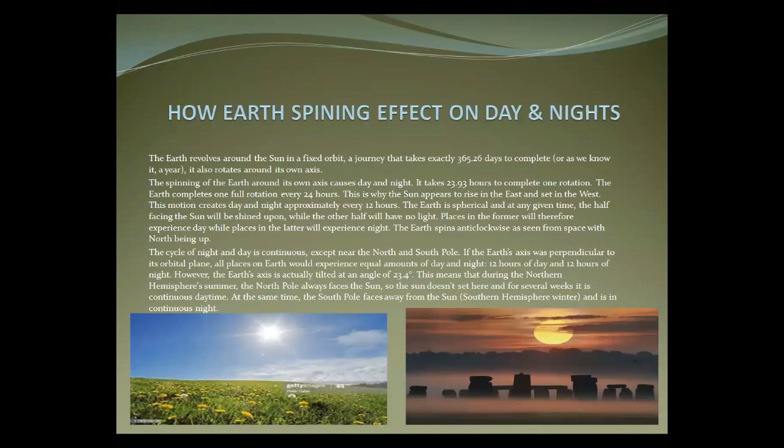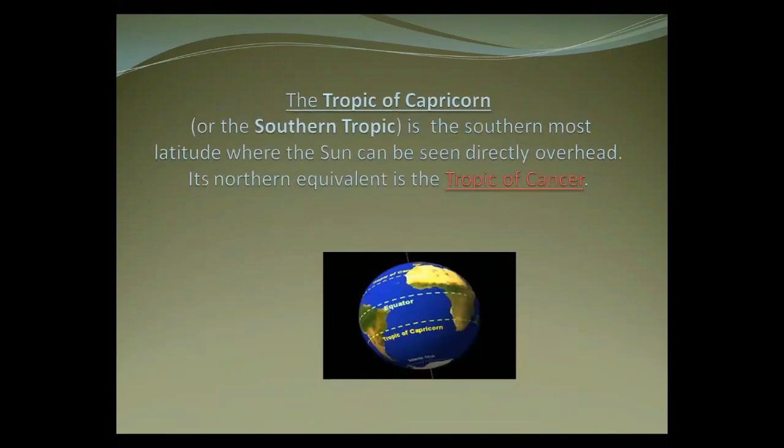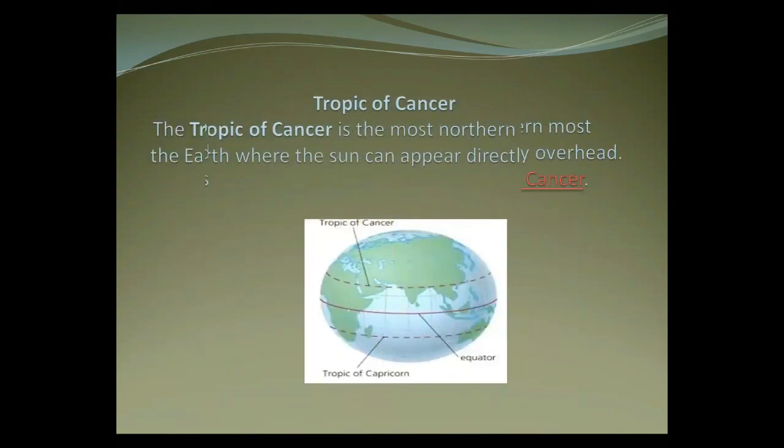The next is Tropic of Capricorn and Tropic of Cancer. The Tropic of Cancer is the most northern latitude on the earth where the sun can appear directly overhead.